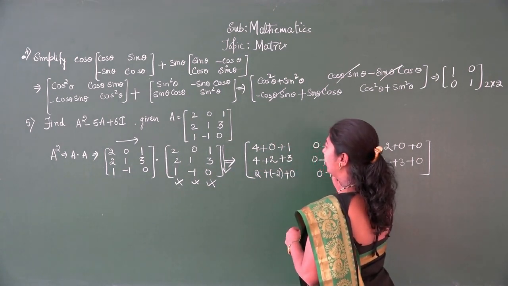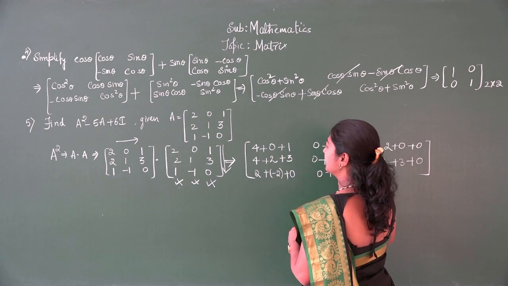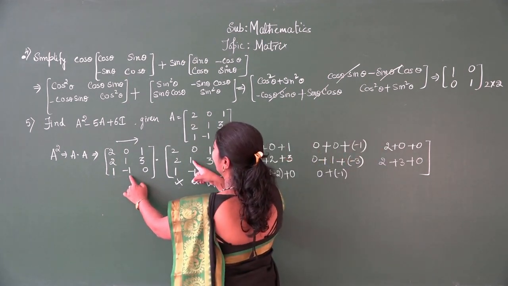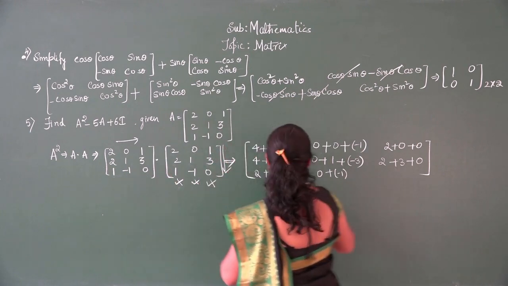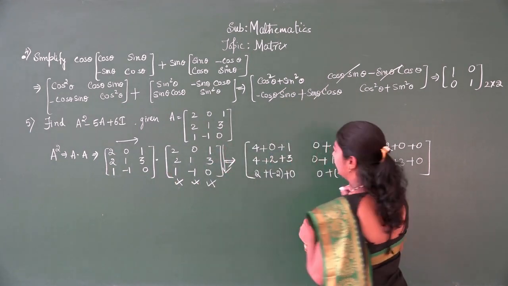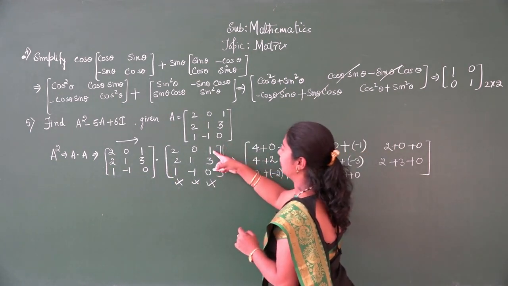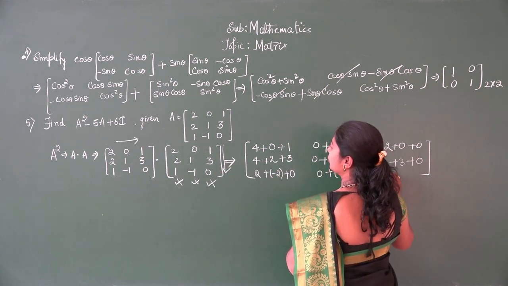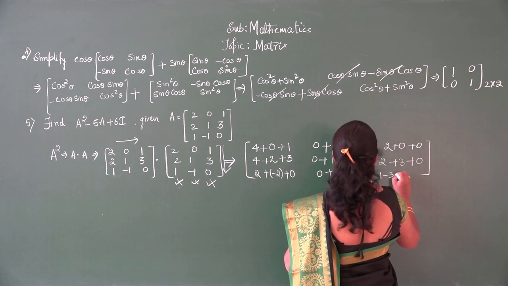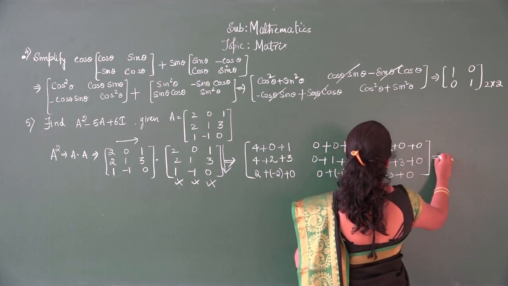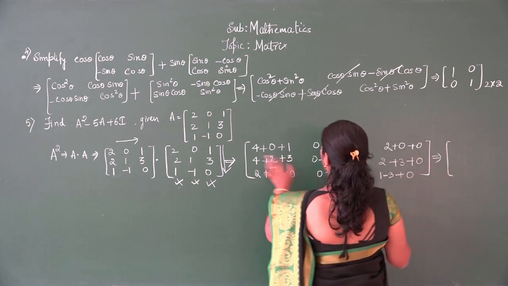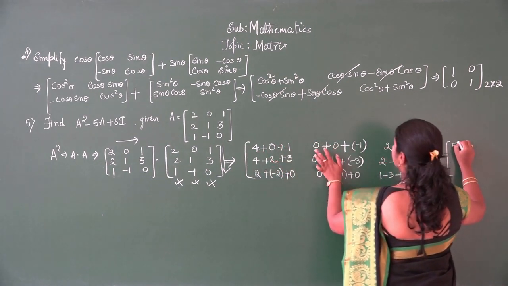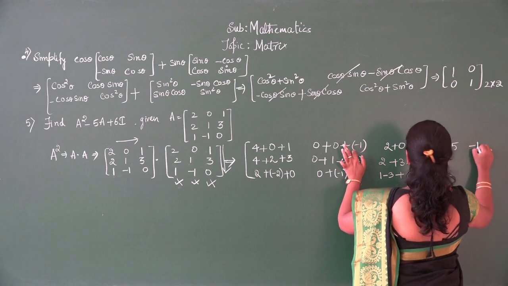Similarly, 0 minus 1 into 1 is minus 1, 1 into 0 is 0, minus 1 into 1 is minus 1, plus 0 into minus 1 is 0. For the last column, 1 into 1 is 1, minus 1 into 3 is minus 3, plus 0 into 0 is 0.